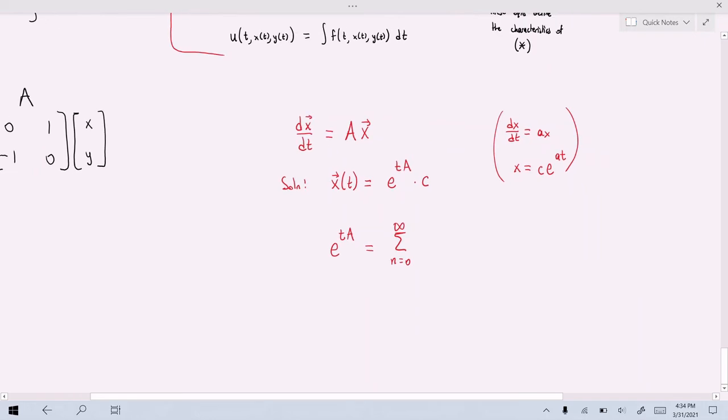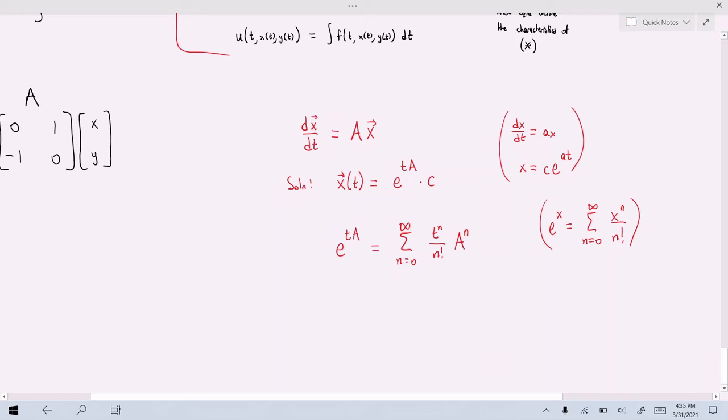So I'll remind you of that real quickly. e to the x, the Taylor series formula, is the summation from 0 to infinity of x to the n over n factorial. So e to the tA, we also define as an infinite series of (tA) to the n over n factorial, which I'll rewrite as t to the n over n factorial times A to the n.